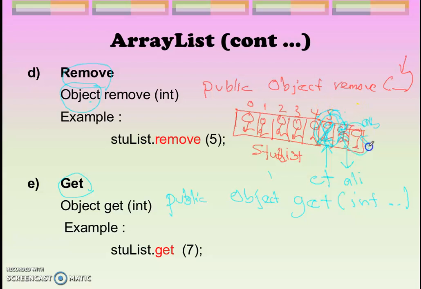So dia akan return, let's say saya tak delete lagi kan tadi. So sini ada Siti, Ali, Abu. So dia akan return Abu. So Abu tadi bila dia return, so dia Abu ini akan jadi object. Sebab apa dia jadi object? Because we have this object, public object.